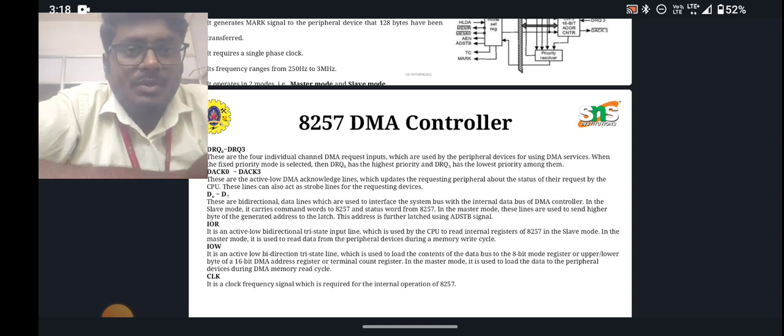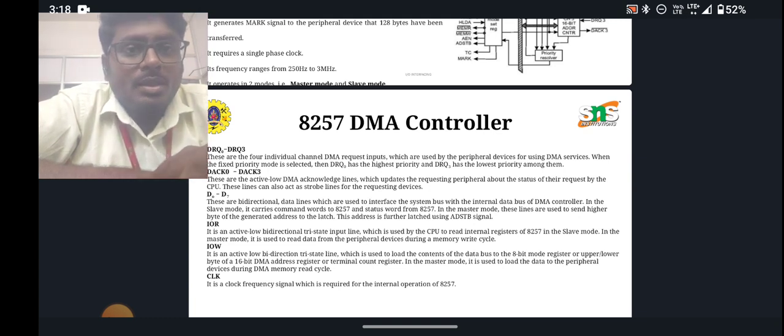DAC0 to DAC3. These are the active low DMA acknowledge lines which update the requesting peripheral about the status of their request by the CPU. These lines can also act as strobe lines for the requesting devices.